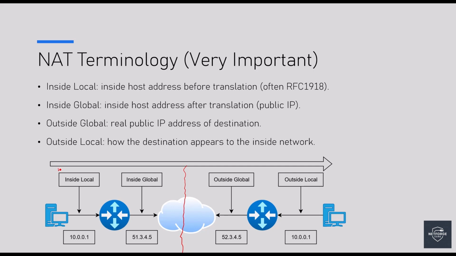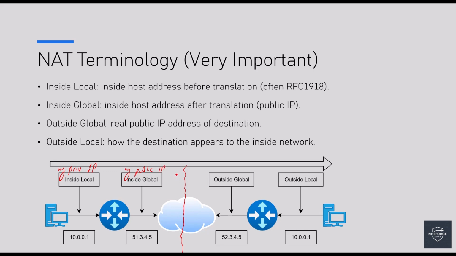Now, inside global is the one which you are translated to, right? And most likely this is the same as the IP which is inserted on the packet itself when it is sent to the internet. So inside global is going to be my public IP, right?